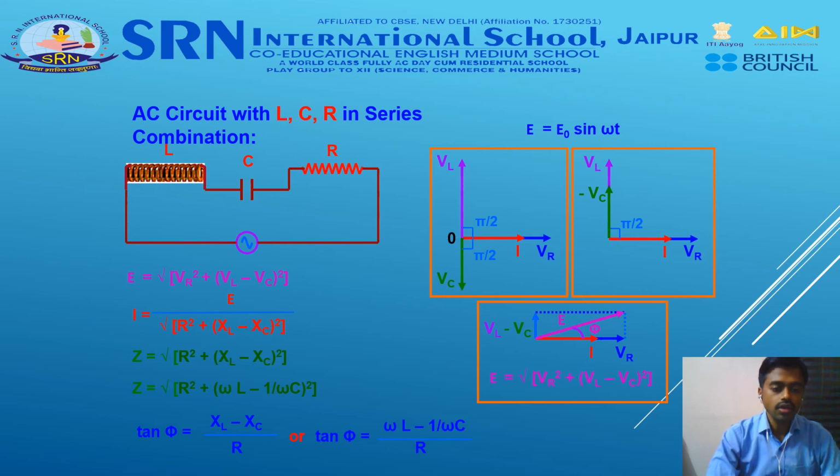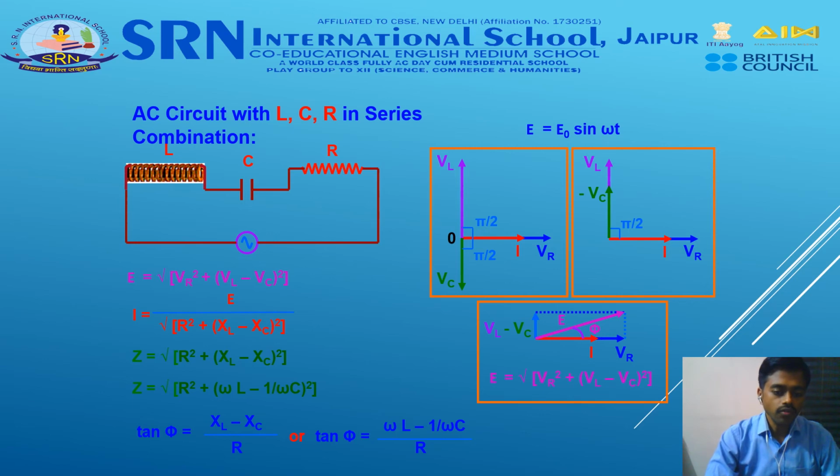Now the value of current will be E upon R. So resistance or opposition to the current in the entire circuit due to LCR will be given as under root R square plus XL minus XC whole square. Here XL is the inductive reactance, that is opposition to current due to the inductor, and XC is the capacitive reactance, that is opposition to the current due to the capacitor.